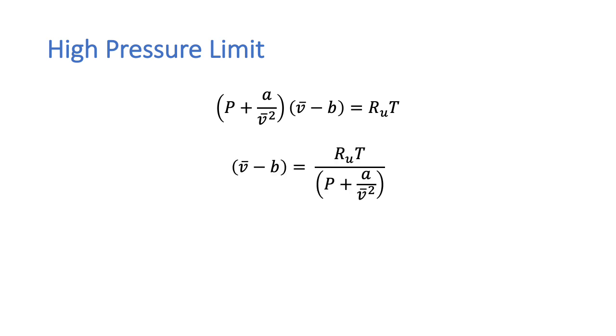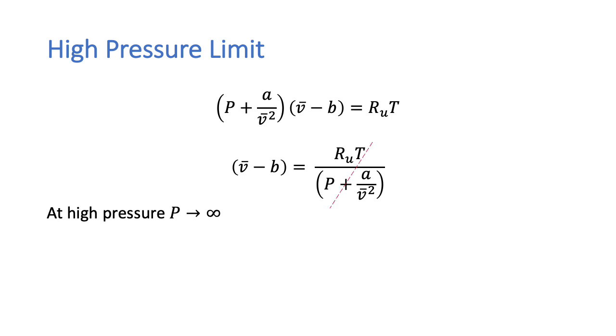Now let's look at the high pressure limit. We have the van der Waals equation, and we can rearrange it to write it in this form: V bar minus b is equal to RuT divided by (P plus a upon V bar squared). At high pressure, let's say that P goes to infinity.